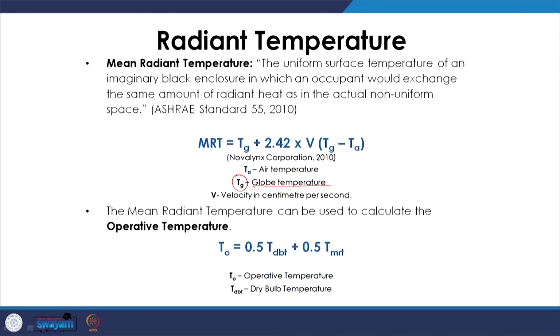Also, the MRT takes into account the velocity of the air, in meters per second or centimeters per second; the globe temperature takes into account the radiation, the temperature of the air and the velocity. The mean radiant temperature is further used to calculate operative temperature.